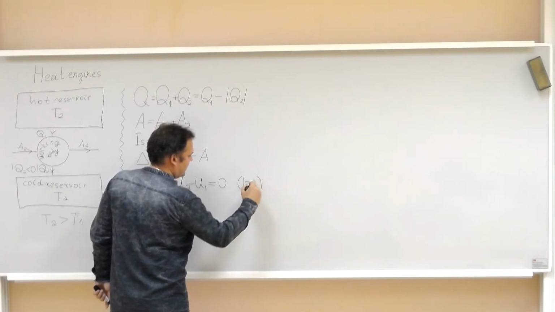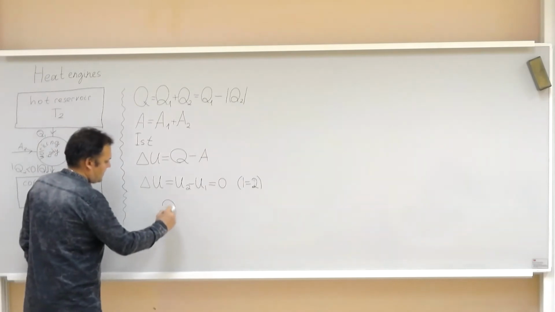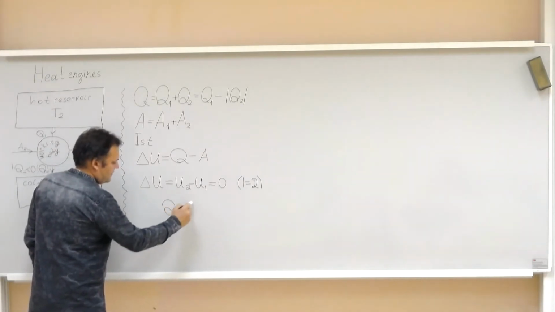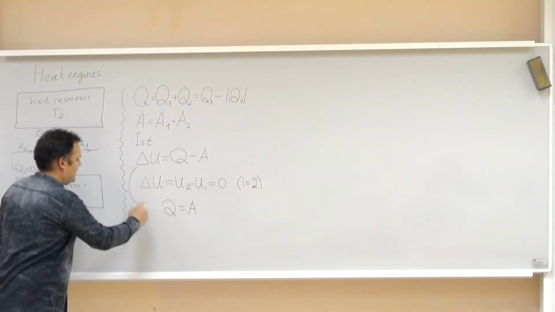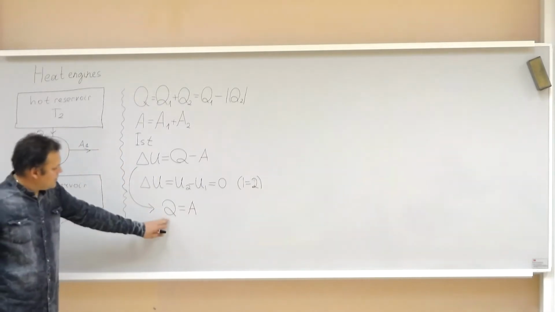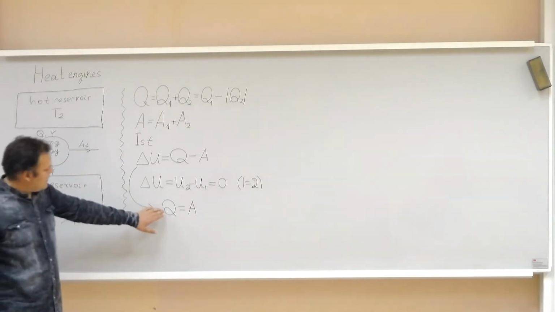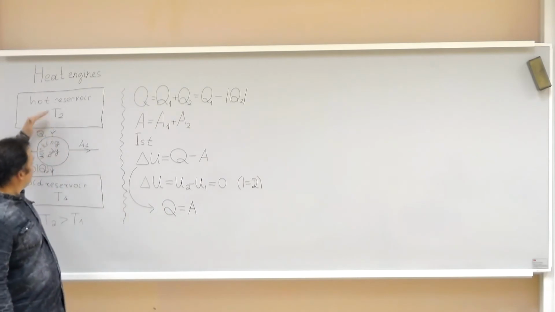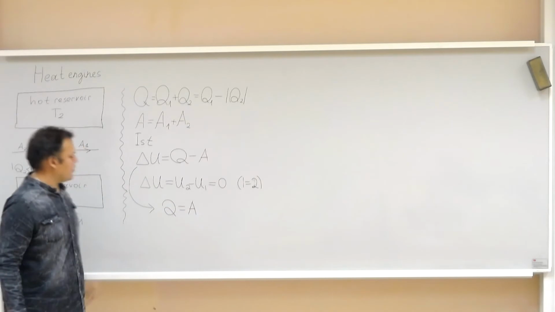From here, we have the equality Q equals A. The total amount of heat obtained by the working body is transferred into work.